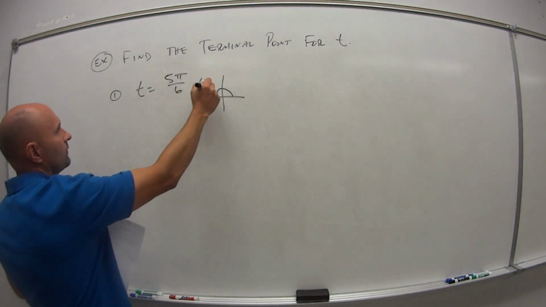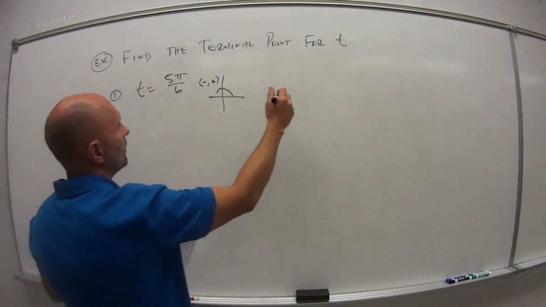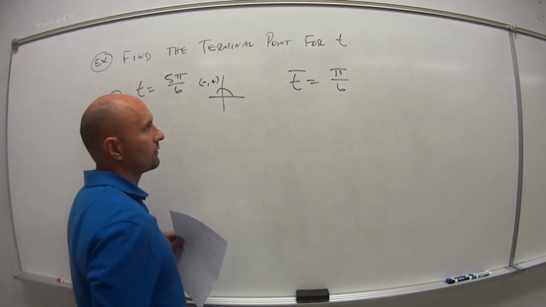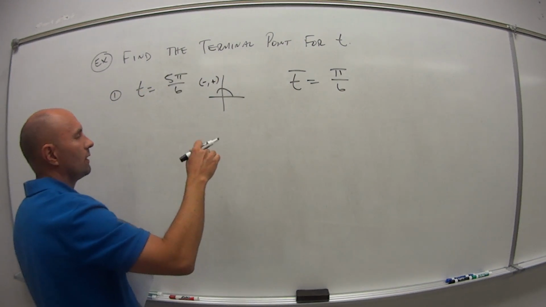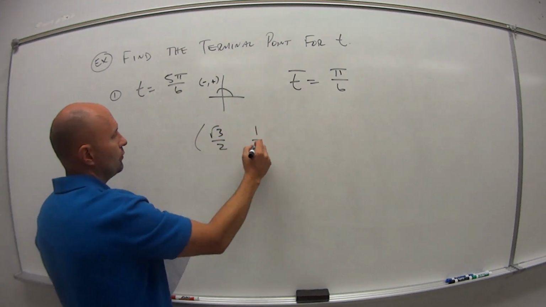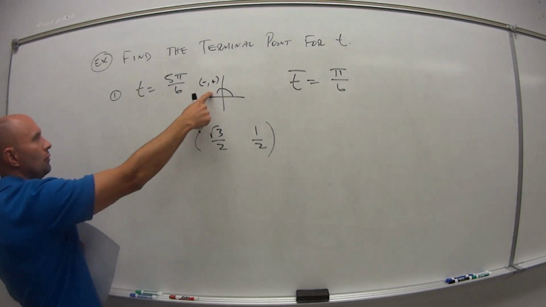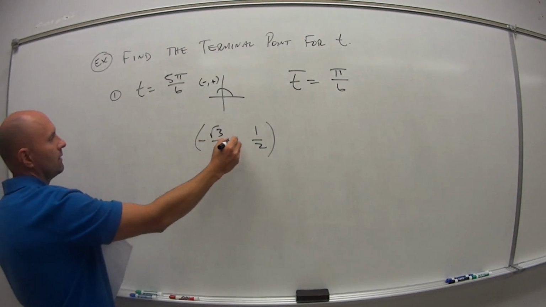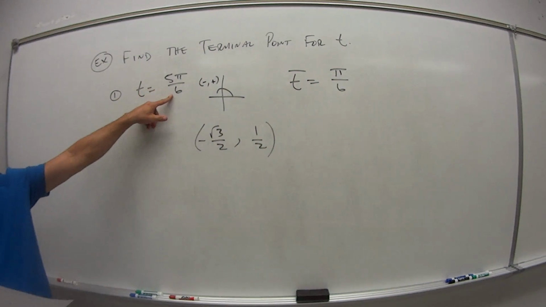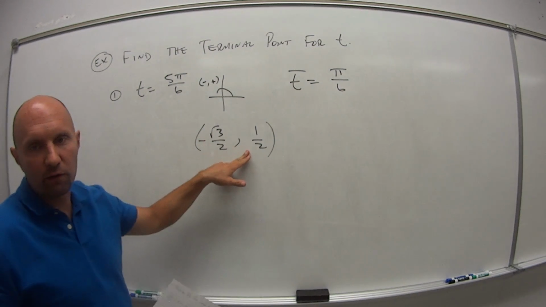So that means x is negative, y is positive. Our reference number is pi over 6. The coordinates for pi over 6 are square root of 3 over 2 and a half. And because we're in quadrant 2, our x value is negative, the y value is positive. So the terminal point for 5 pi over 6 is minus square root of 3 over 2 and positive 1/2.